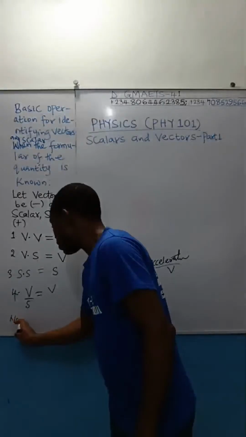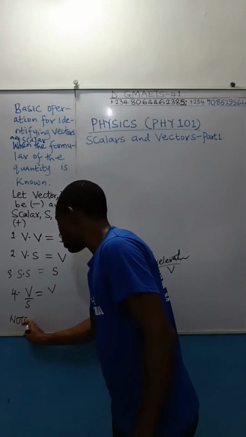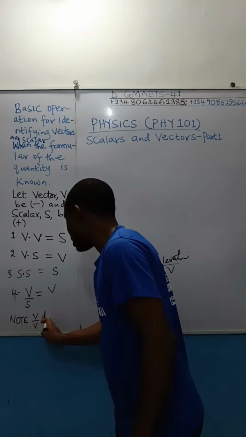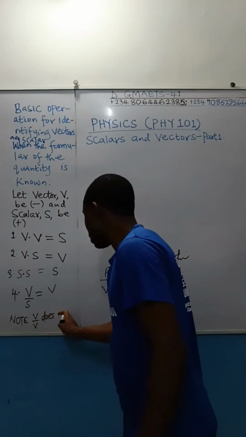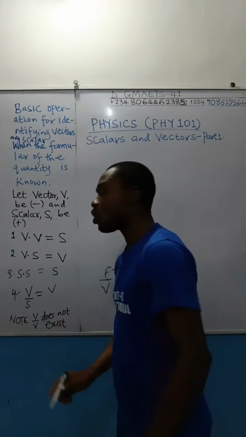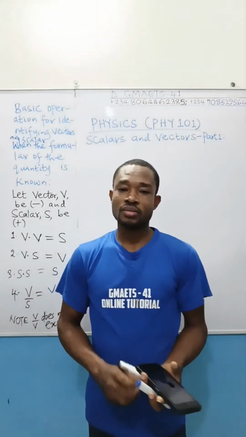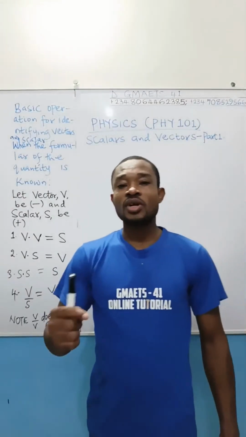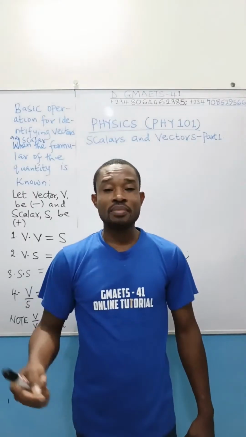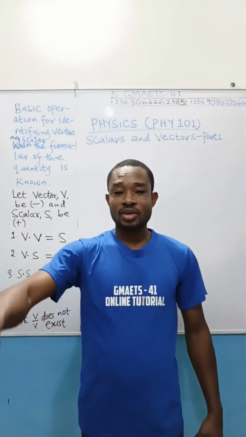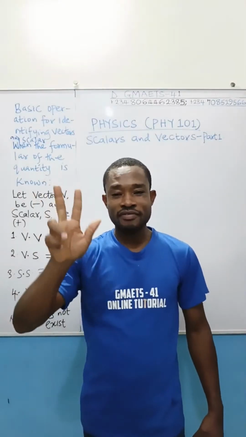Note, vector divided by vector does not exist. You cannot divide a vector by a vector. You can add a vector to a vector, you can subtract a vector from another vector, and you can multiply vectors.